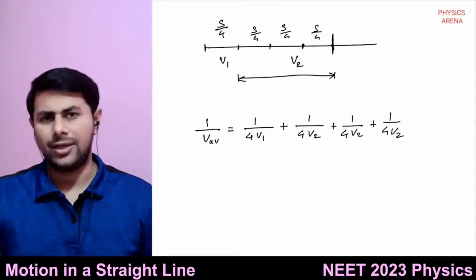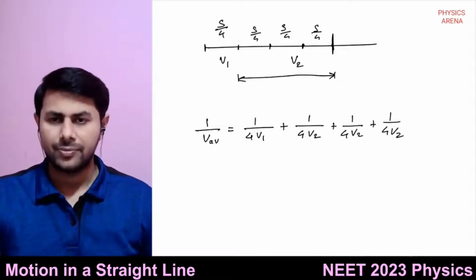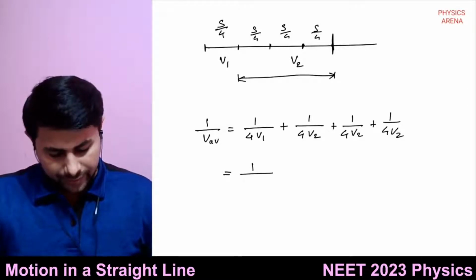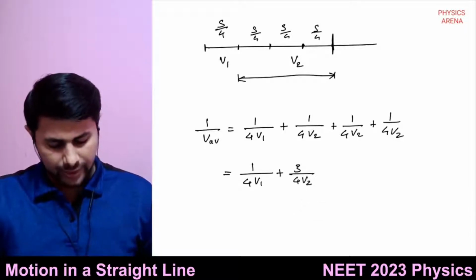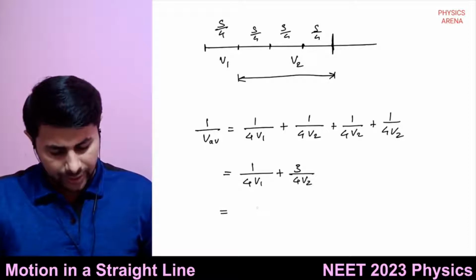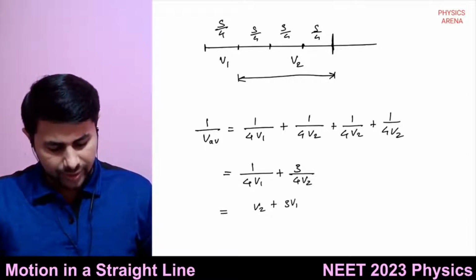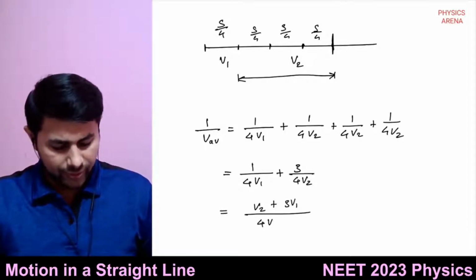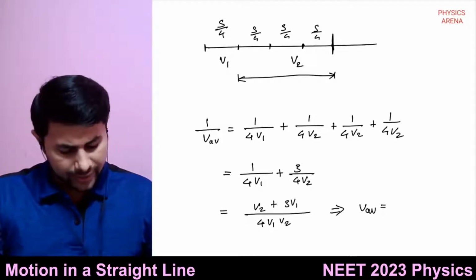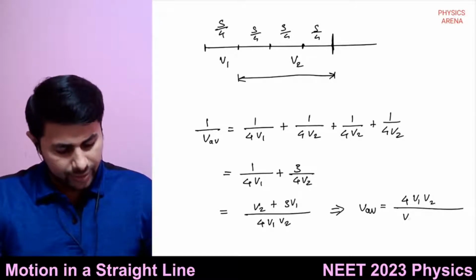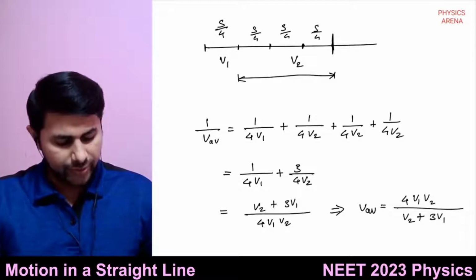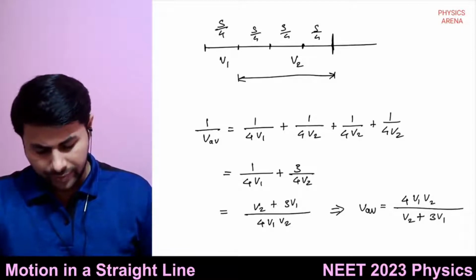Or you can directly write it as 3 by 4 v2. And then what will be your answer? So it is (v2 plus 3 v1) divided by what? 4 v1 v2. So your average speed is the reciprocal of that. So it is 4 v1 v2 divided by (v2 plus 3 v1). Okay.